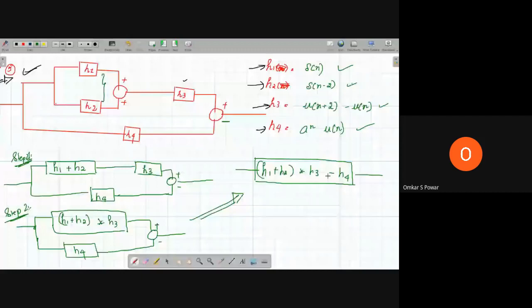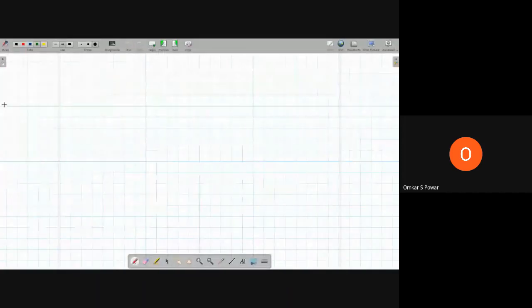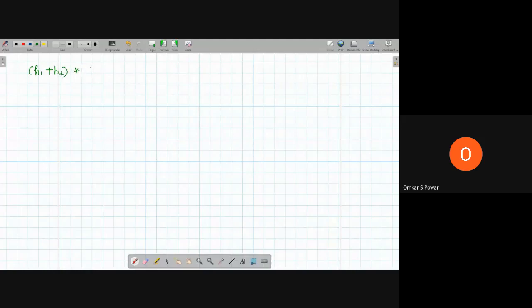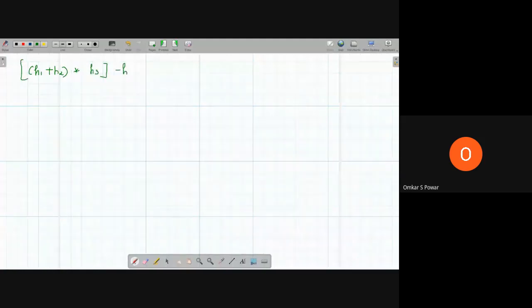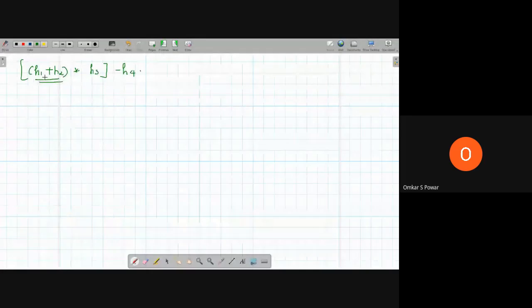Okay. So let me take a new page for that. Okay. So what we have to do? H1 plus H2 we have to convolve with H3 minus H4. So first what we have to do? Bracket of, then you do this convolution, then you go for the subtraction because it's outside the bracket.